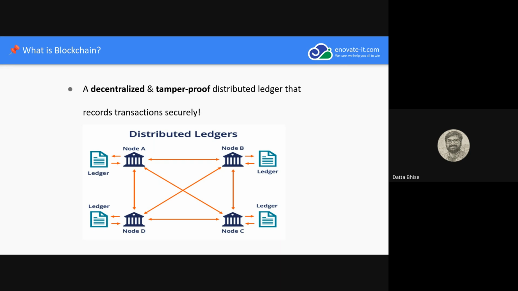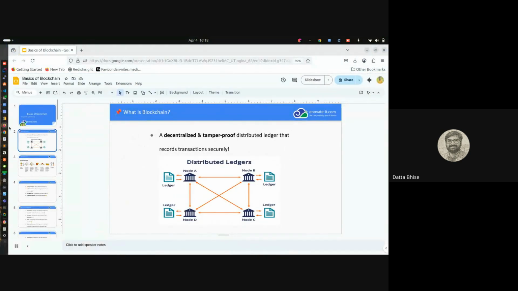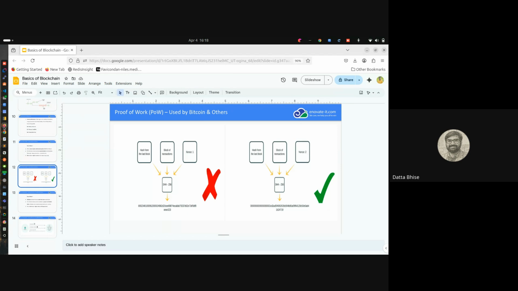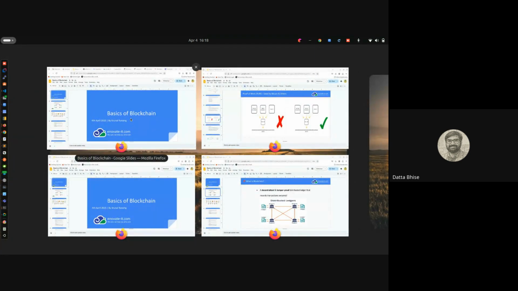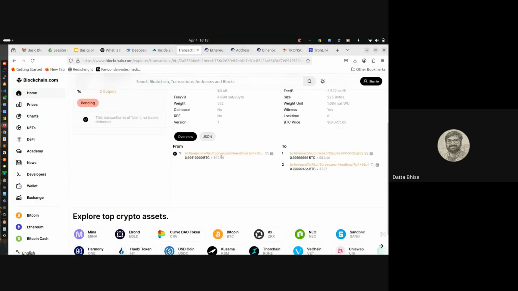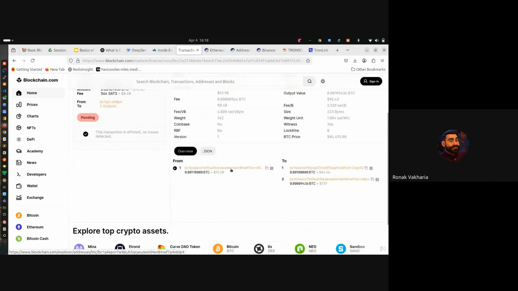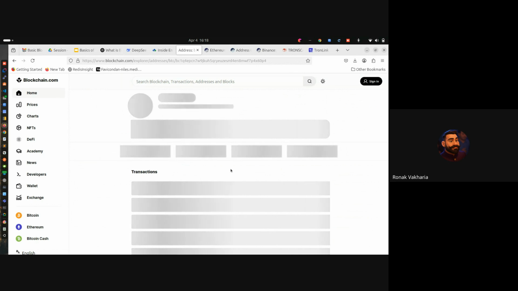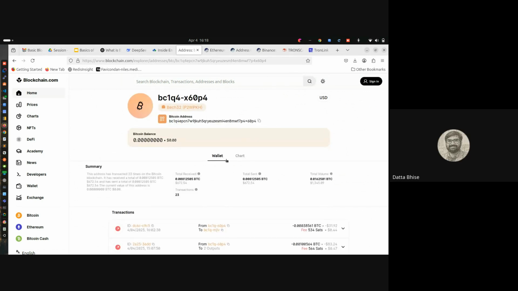In Bitcoin, I can show you the Bitcoin address.